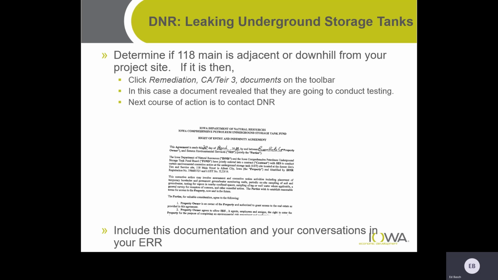And in this case, it reveals they're going to conduct testing and your next course of action would be to contact the DNR. And again, you get to this detail through the websites. And if you've got a problem site, include this kind of documentation and report on any of your conversations in your environmental review record.